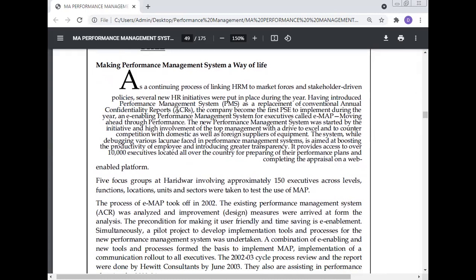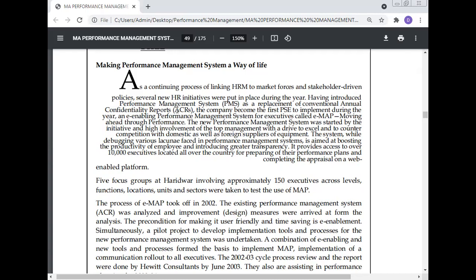Several new HR initiatives were put in place during the year, having introduced a performance management system as a replacement of the conventional annual confidentiality report. The company became the first PSE to implement during the year an enabling performance management system for executives called the EMAP, moving ahead through performance.